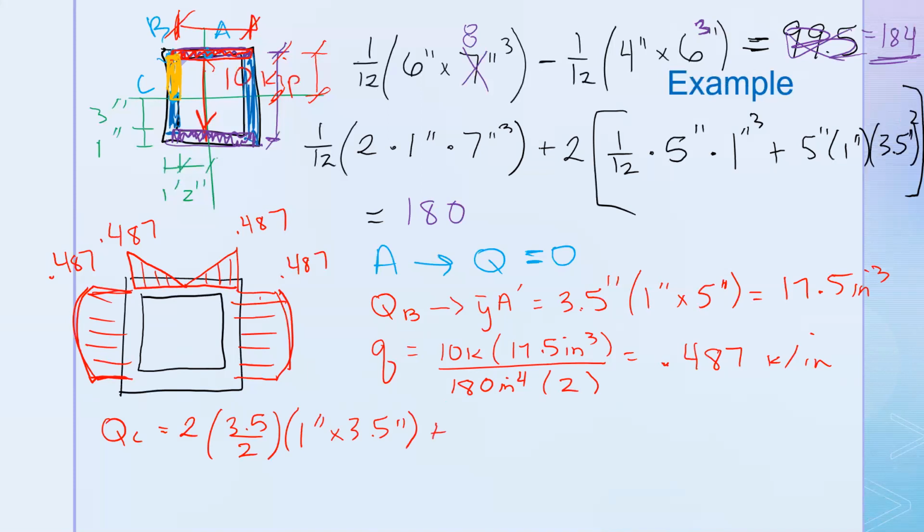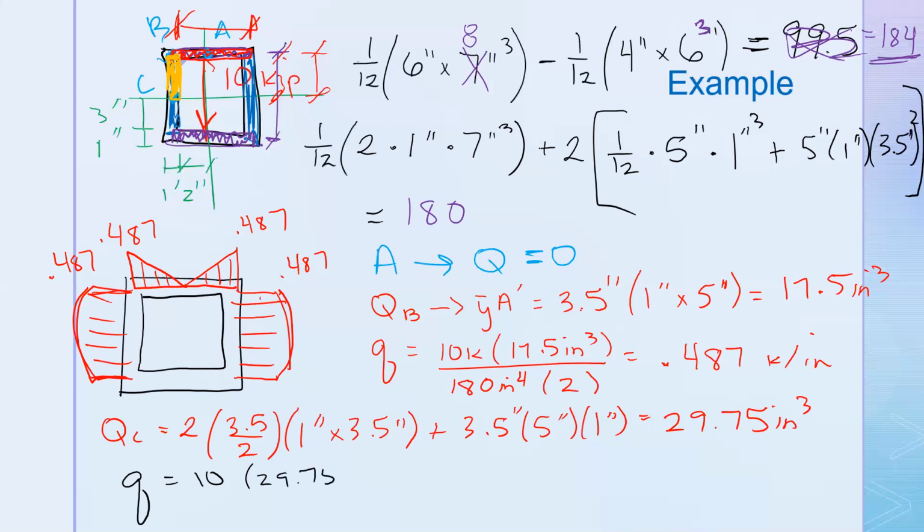But we also have the top piece, which has a Y bar distance of 3.5 and an area of 5 inches times 1 inch. And so that total ends up being 29.75 inches cubed. And then Q is 10 times the 29.75 inches cubed over 180 inches to the 4th.